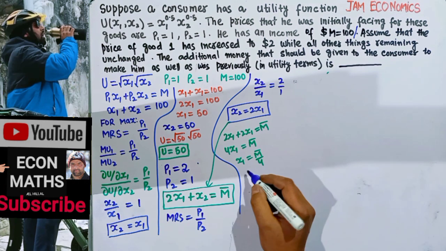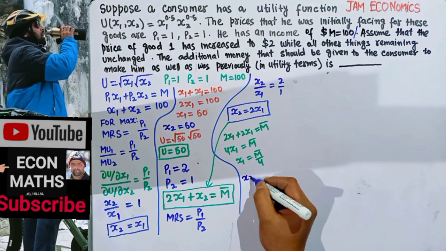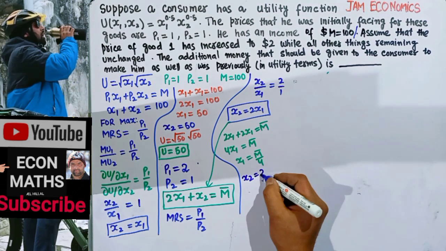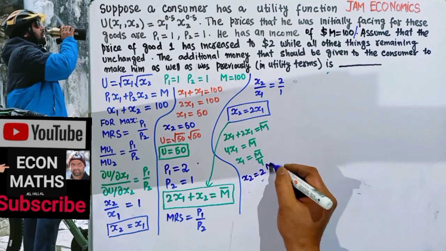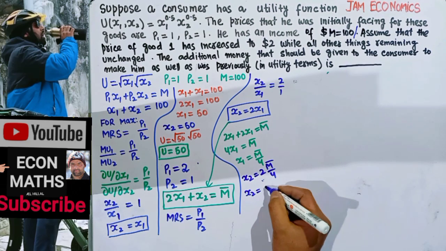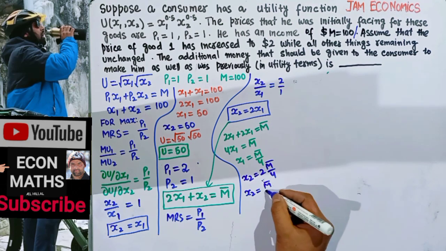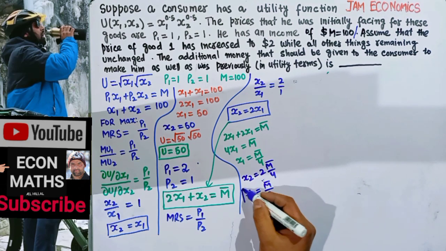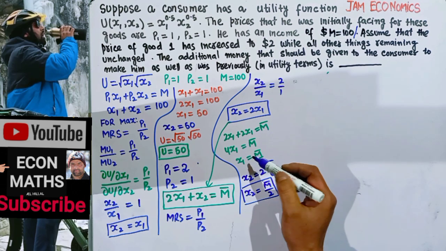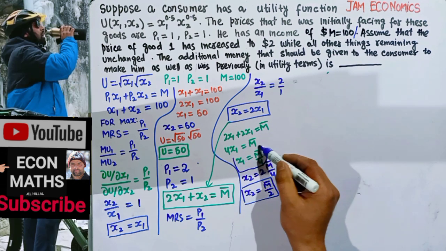And what will be x2? x2 will be equal to twice x1. x1 we got m bar upon 4, so we have twice m bar upon 4, which gives us x2 will be equal to m bar upon 2. Okay, we have this optimal bundle.